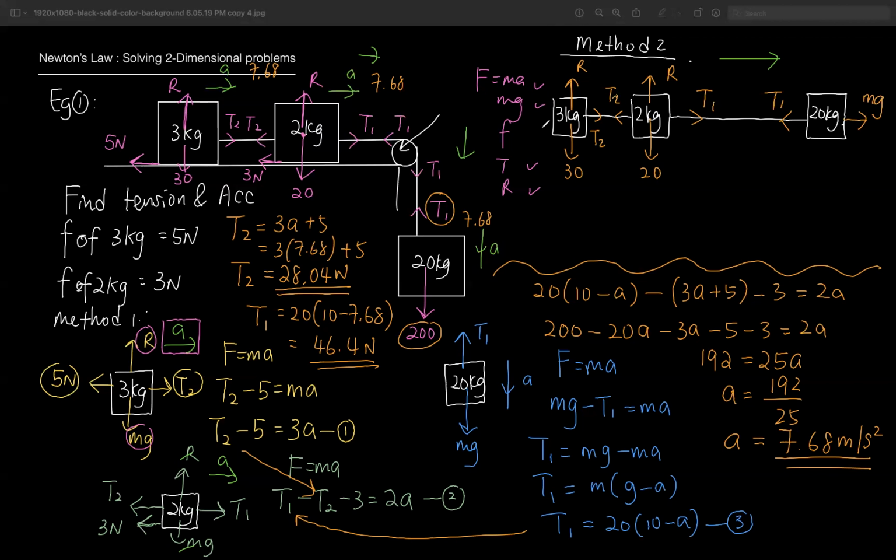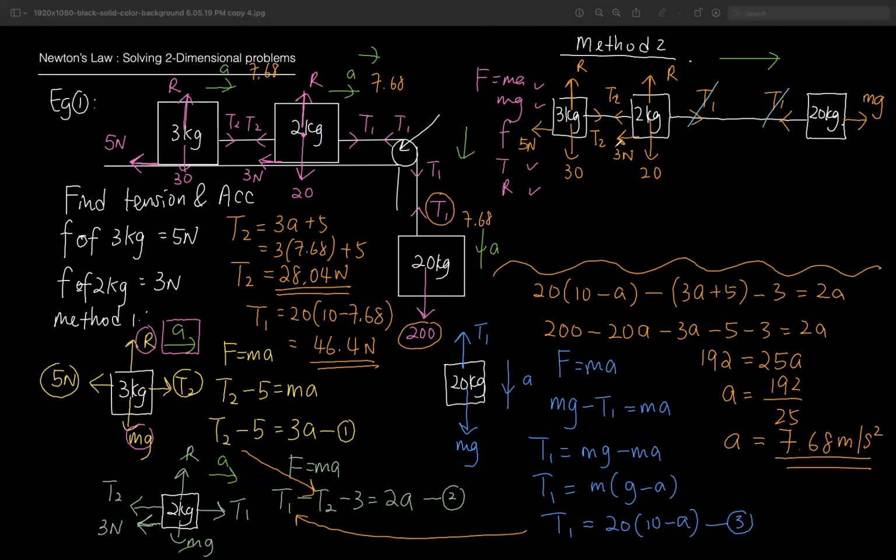What about the friction? The friction opposes the motion, right? So if the overall system is moving to the right, then the 5 Newton must be to the left. And the 2 kilogram, again, we label one more force, 3 Newton to the left. So we are looking at the system as a whole. From here, you can cancel this one and this one because you can see the forces are towards each other.